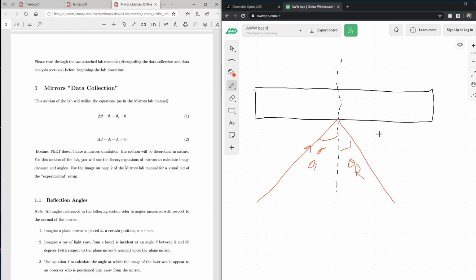Sorry about my handwriting. In any case, the same angle at which the light hits the plane mirror is going to be the same angle that it is reflected at.